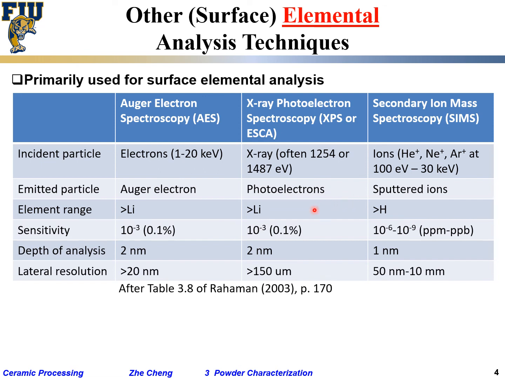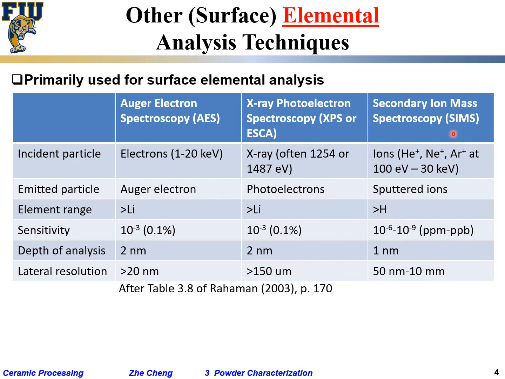It is also used for analyzing elements heavier than lithium, with similar sensitivity. Lateral resolution is not very good, which means if I want local composition, I cannot really tell one grain from another grain by this technique. I can do depth analysis, but not local analysis from one location to another.